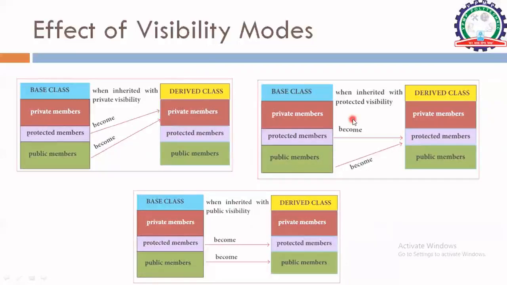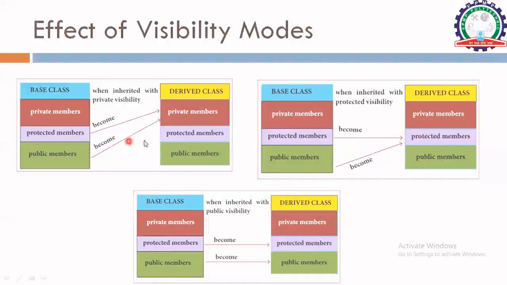Now let's see another one, that is protected visibility mode. Now in protected visibility mode also we can see that private members are not going anywhere in any section of the derived class, and protected members of the base class are going in the protected section of the derived class, and public members of the base class become protected members of the derived class.